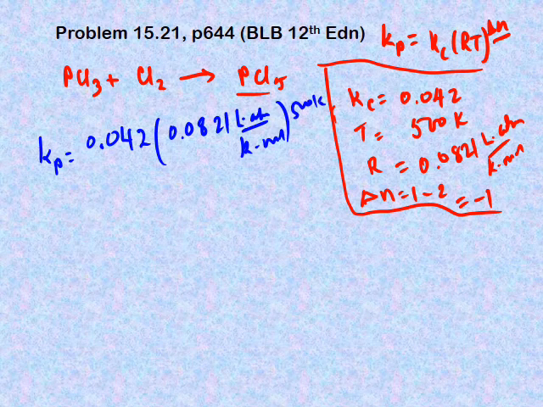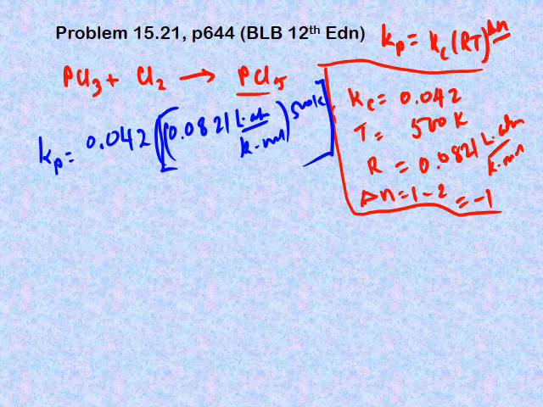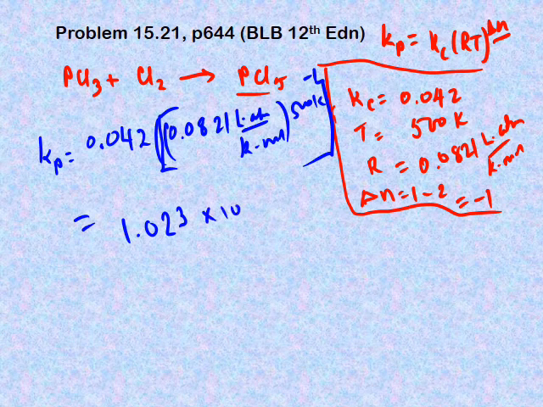Let's use this bracket and here a parenthesis, and this should be raised to the power -1 because delta N is -1. So what I get is 1.023 times 10 to the -3.